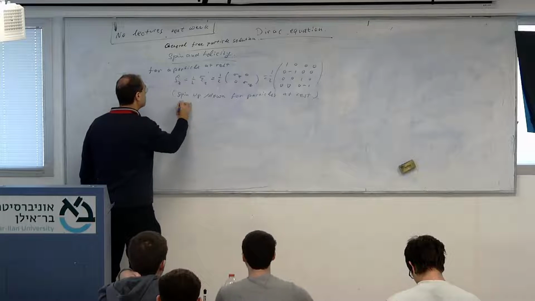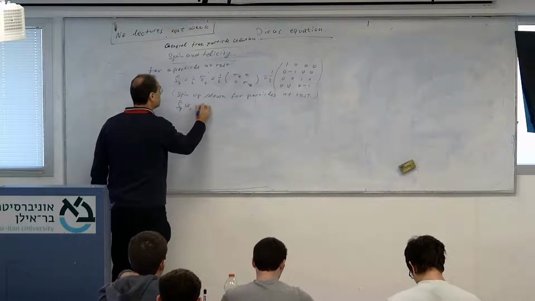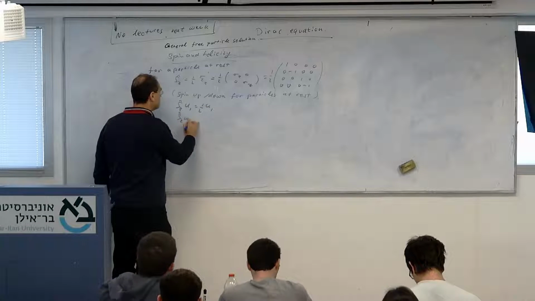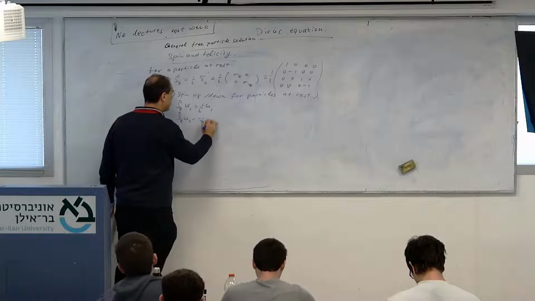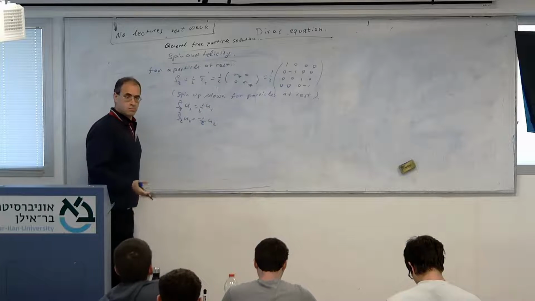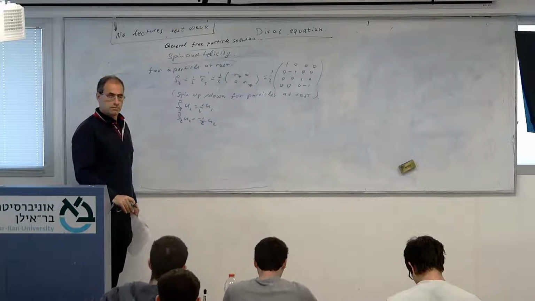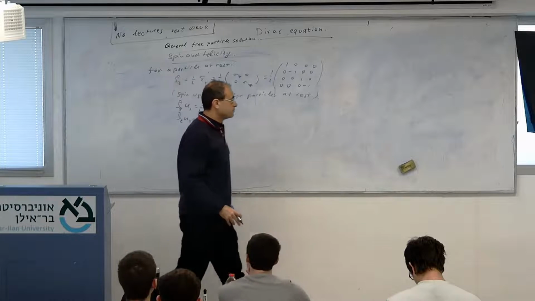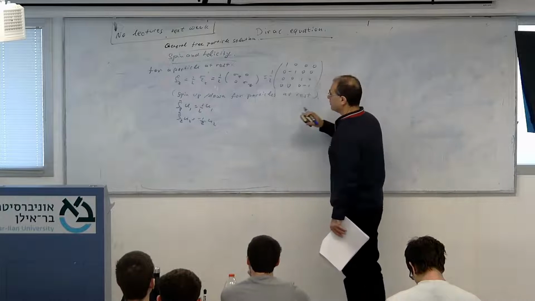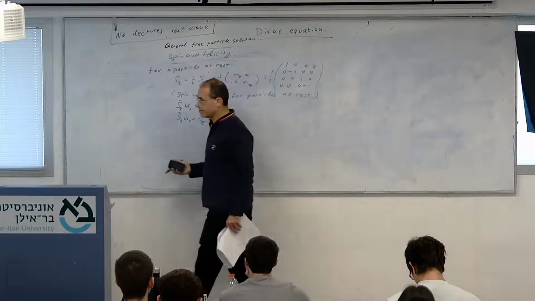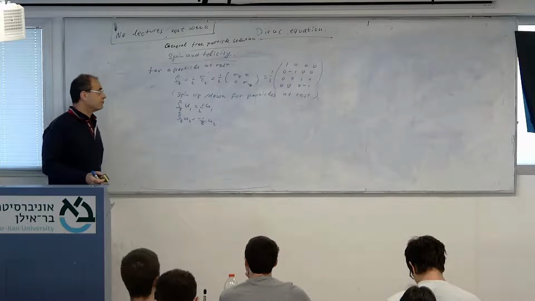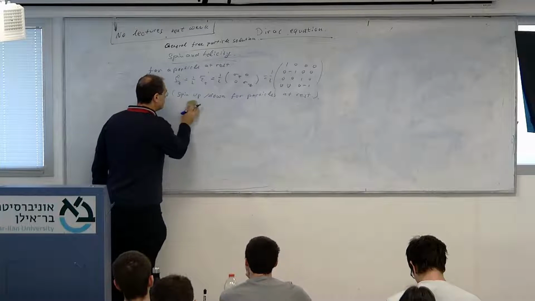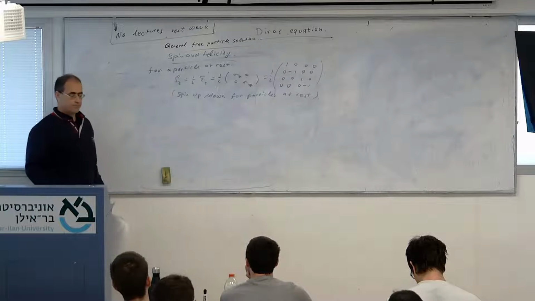S_z of u1 is 1/2 u1, S_z of u2 is minus 1/2 of u2. They are eigenstates, u1, u2, u3, and u4, with eigenvalues plus or minus 1/2. Nothing to be worried about.